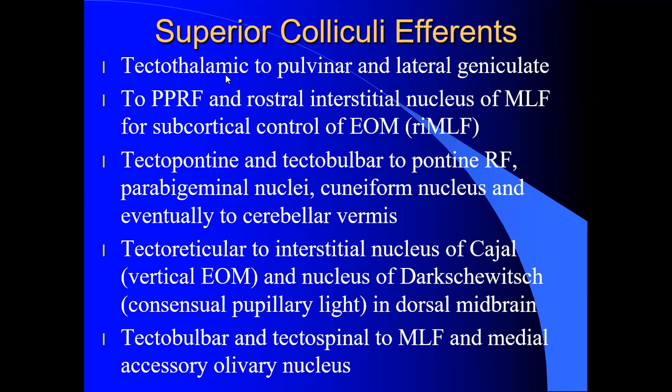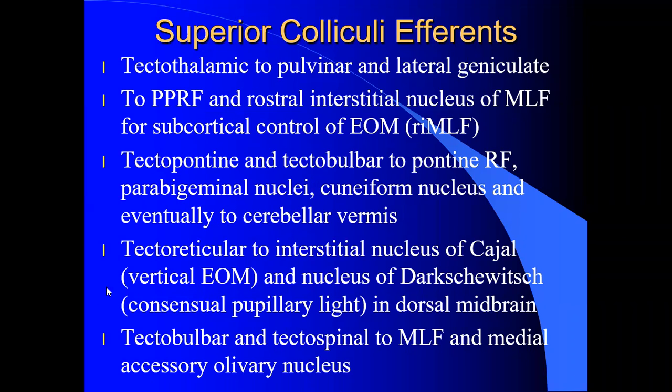And there are many different structures in the reticular formation, but the incoming sensory information plays on the oculomotor nuclei through the reticular formation nuclei, okay? So you have tectopontine, tectobulbar. These are the pontine reticular formation, to the paratrigeminal nucleus, to the cuneiform nucleus, which we'll look at in a minute, okay? And even to the cerebellar vermis.